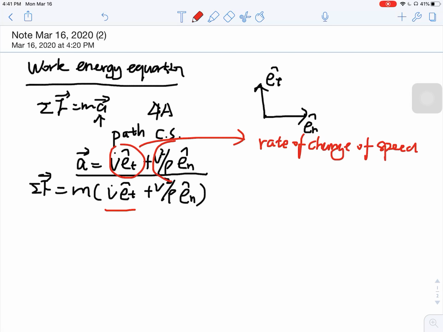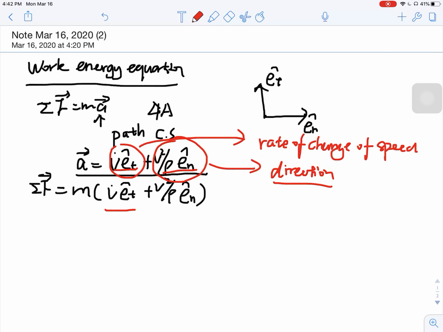And this term here, the term with en hat, only has something to do with direction. So this term has something to do with change of speed, and this term has something to do with change of direction. So only et is related to the change of speed.